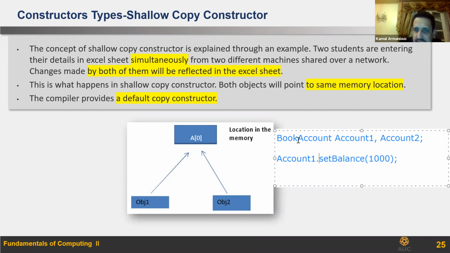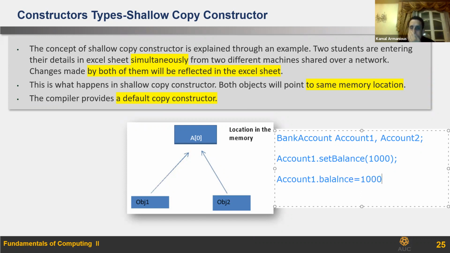Set balance initializes the private member variable of the class named balance. It gives it 1000. The class bank account has an attribute called balance, and now account1 dot set balance by 1000 means that account1 dot balance is equal to 1000. Fine.